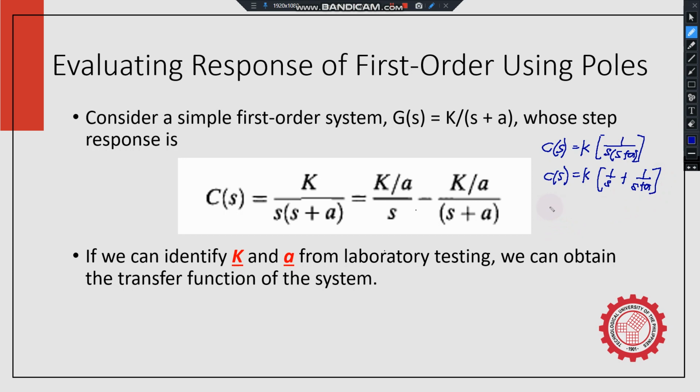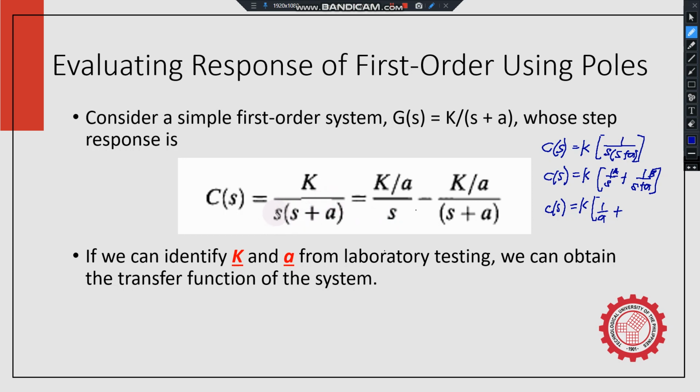So by inspecting, we could solve the values of the coefficients, say A and B. So C of S could be equal to K times, if we let S equal to 0 and eliminate this, it is 0 plus A, so that will be 1 over A. And then if we have S equal to negative A, we eliminate this part.